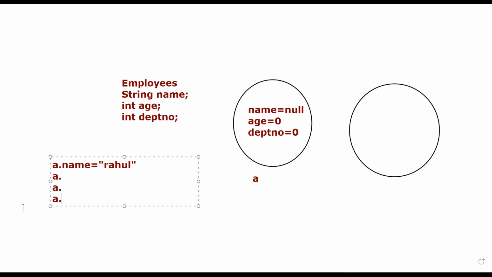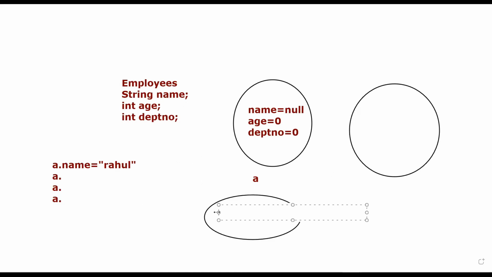Now, instead of initializing with the help of variables, why can't I have something so that whenever I create this object, let me show you. So the reference for this object is B, let's say. Whenever I create this object with the reference B, one constructor will automatically get created.